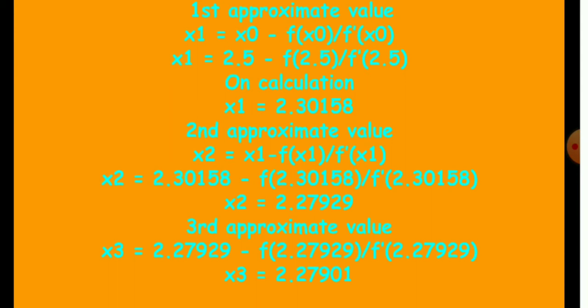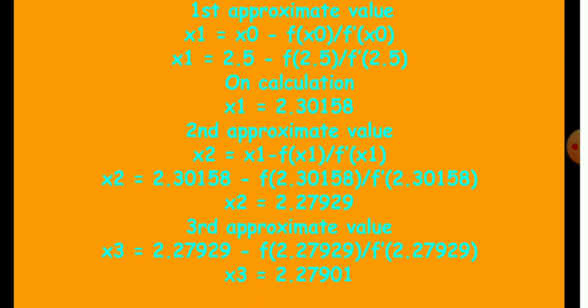Okay, what do we have to do next? Think: when two successive values of x become equal, then that is the root of the equation. Understand? Then we find the second approximate value. x1 is given. Second approximate value, x2 equals x1 minus f(x1) by f dash x1.